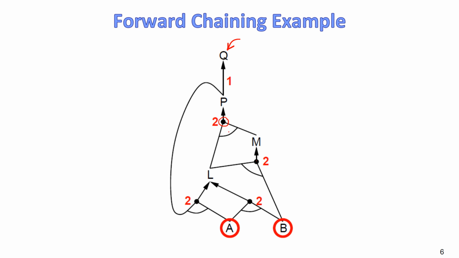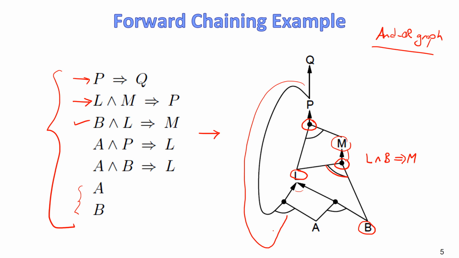We keep track of a queue. We call it the agenda, based on the algorithm that we will see later. The agenda is a queue of symbols that we will process later. Initially the agenda has all the known facts. If we look at the knowledge base, we'll see that A and B are known facts here.